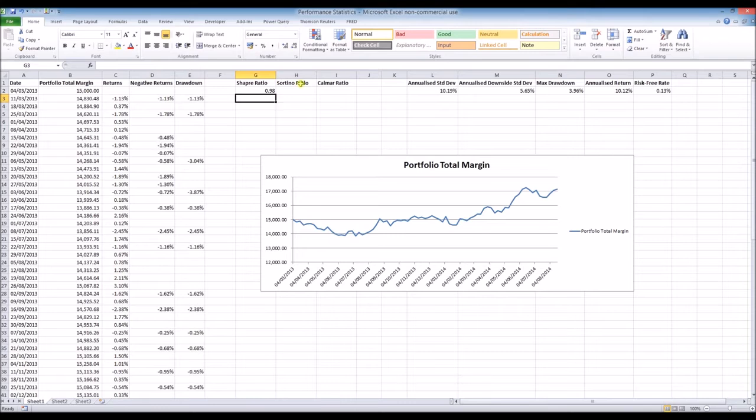Looking at that equation, on the numerator it's taken our annualized return, taken away the risk-free rate, so we only analyze our risk-taking return, and then divided it simply by the annualized standard deviation. So a value of 0.98 when you compare it to industry is okay, not that great. Generally, Sharpe ratios above 1 are considered good, and above 2 are very good or excellent.